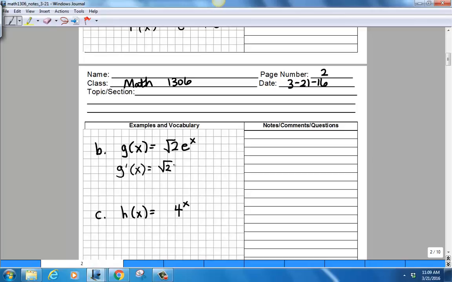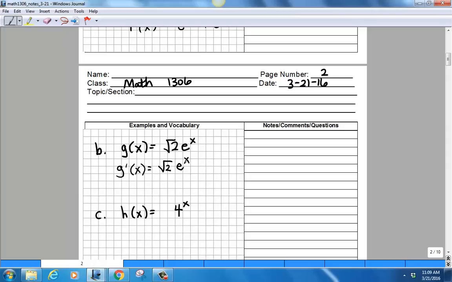It's not added, so it doesn't become 0. And then the rate of change of e to the x is e to the x. So that function also is its own rate of change. The function and the rate of change function turn out to be exactly the same thing.